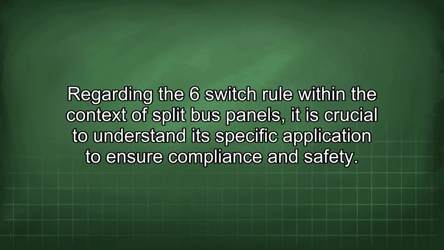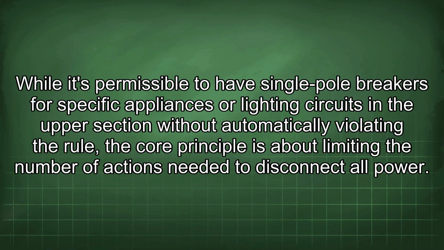Regarding the 6-switch rule within the context of split bus panels, it is crucial to understand its specific application to ensure compliance and safety. While it's permissible to have single-pole breakers for specific appliances or lighting circuits in the upper section without automatically violating the rule, the core principle is about limiting the number of actions needed to disconnect all power.